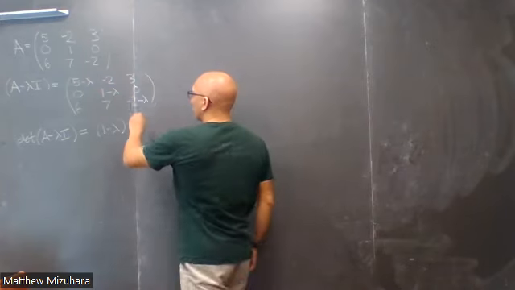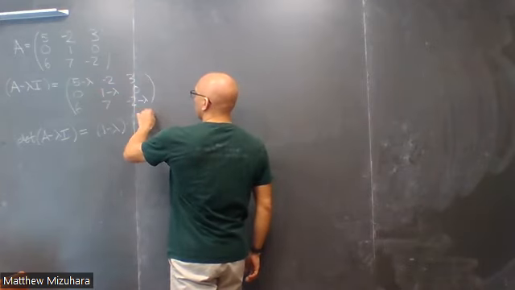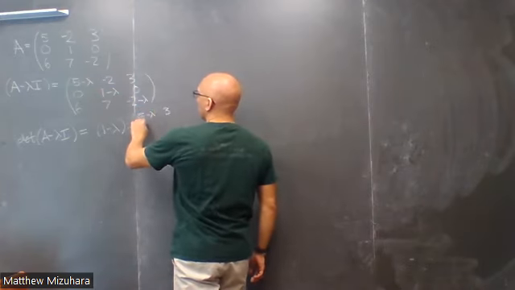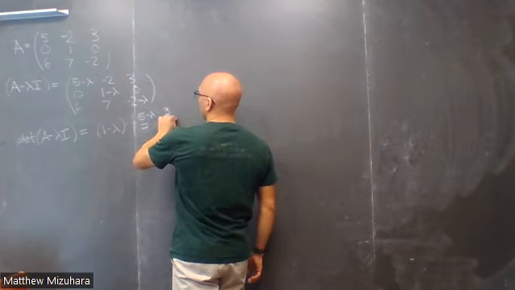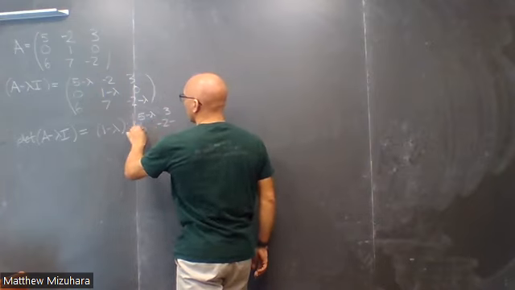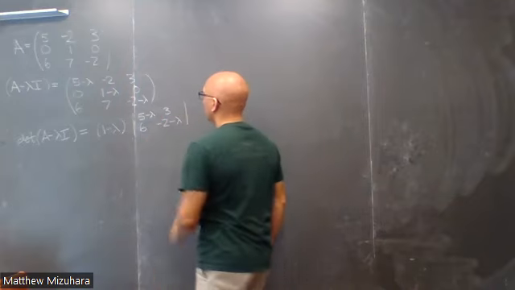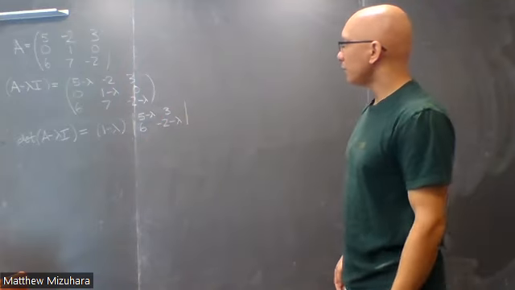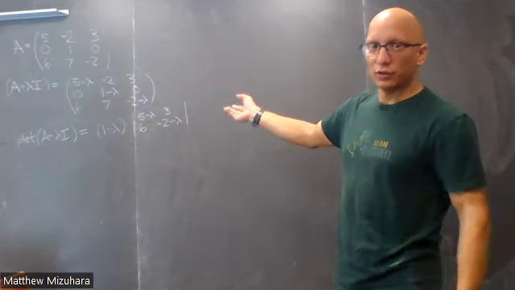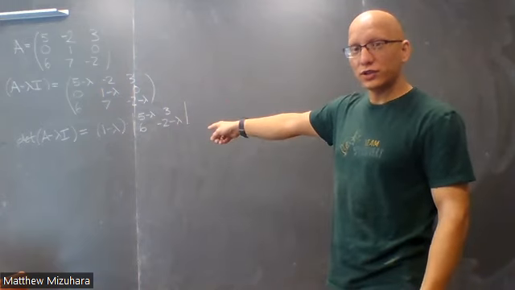And so I'm going to have a 2 by 2 matrix, 5 minus lambda, 3, 7, 6 minus 2 minus lambda. Okay. And then everything else is 0, so my cofactor expansion is just this one term.